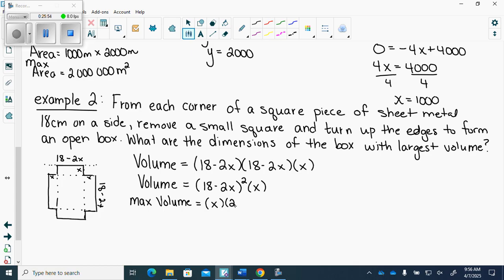I get 2 times 18 minus 2x to the 1 times negative 2. I drop the 2 in front, rewrite the exponent as 1, and multiply by the derivative of the inside. Plus f, which is 18 minus 2x squared times 1.